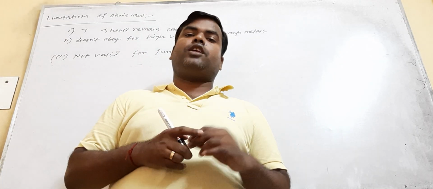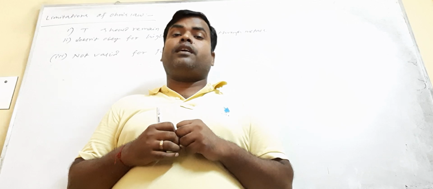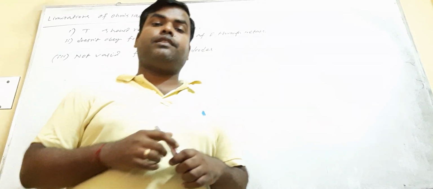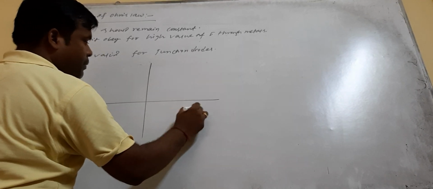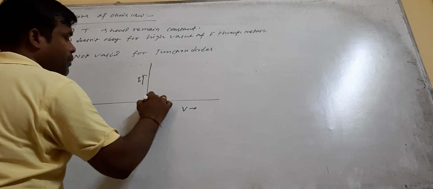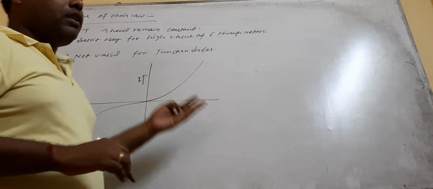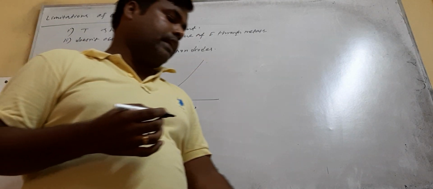You will learn it in the last chapter, chapter number 14. But now you remember Ohm's law is not valid for junction diodes. If you draw the graph between V versus I, the graph will be like this. It is not linear. So Ohm's law is not valid for junction diodes.